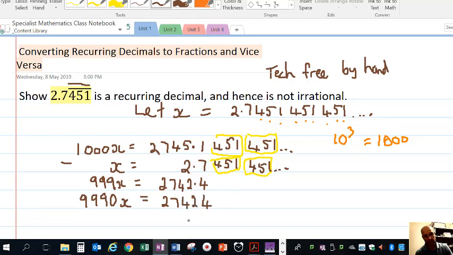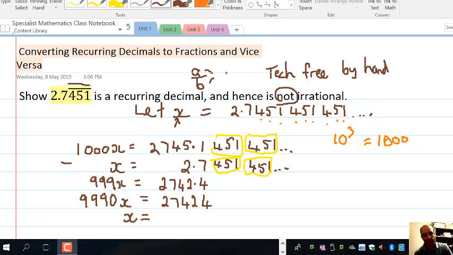That gives 27424, and look, we were dealing with x before, and we still want to know what x is. We just want to know that it's integer over integer. So show that it's rational means that both the top and the bottom are integers.